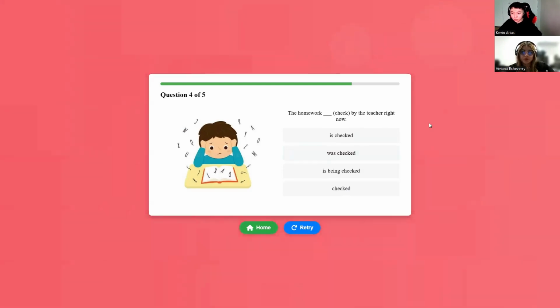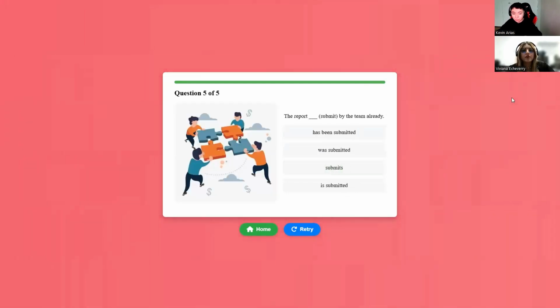In the fourth question: the homework check by the teacher right now. We have to remember that in the present continuous passive, we use is, am, or are being plus past participle to indicate an action happening right now. Here is being checked shows that the action is ongoing. So in this case, the correct option is is being checked.